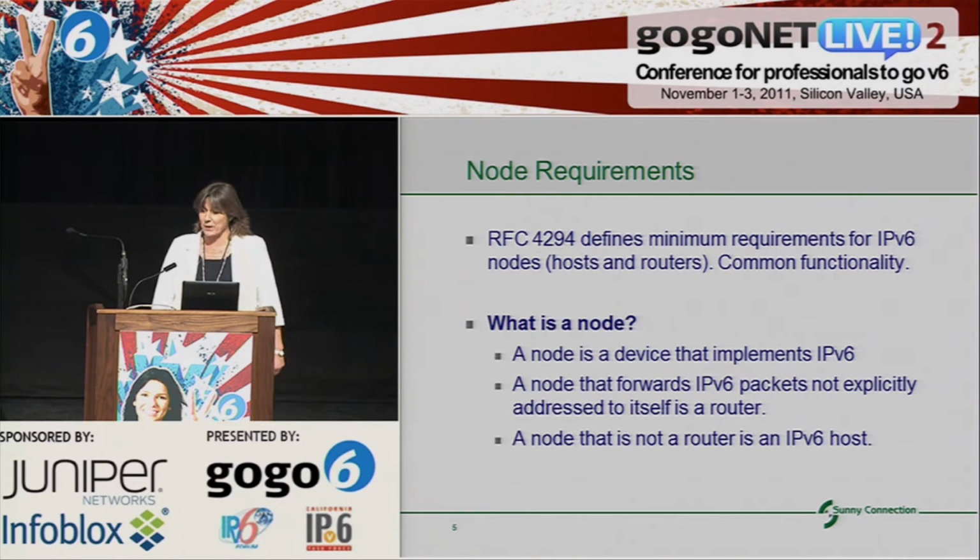That's good. It can be anything, as soon as it talks IPv6. And a node that forwards IPv6 packets that are not explicitly addressed to itself is a router. It's still a node, but it's also a router. And a node that is not a router is a host.